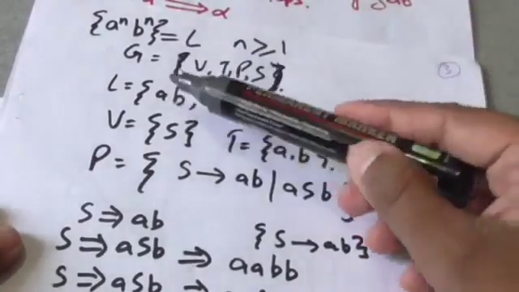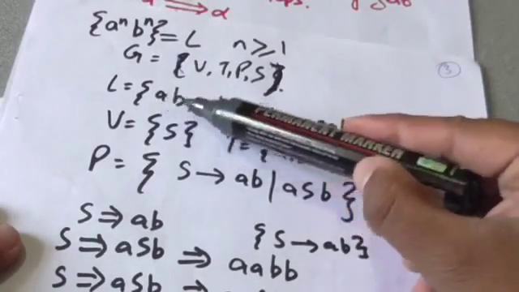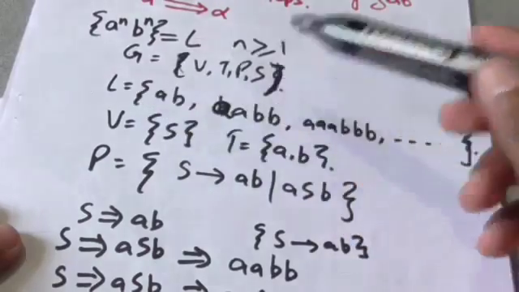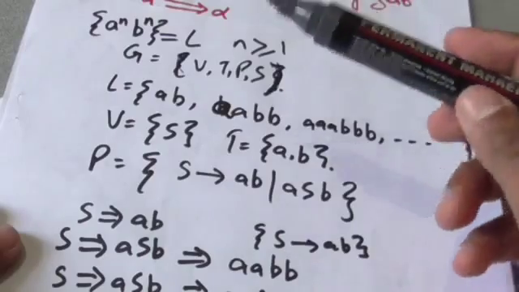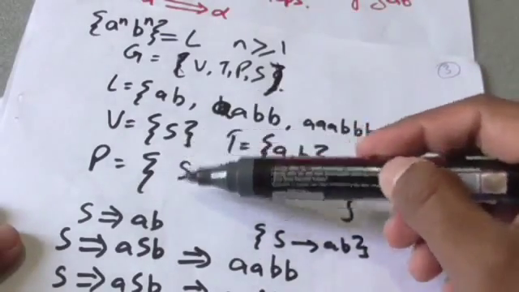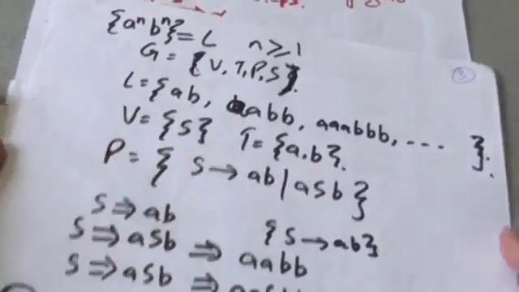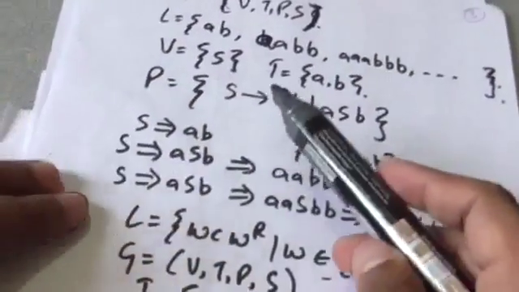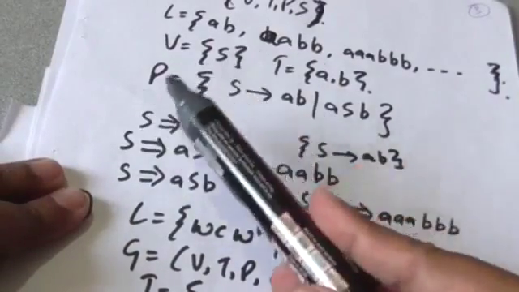Now look at here. This string AB is present in language L, so it should be derived from start symbol S, right? So it is the derivation of a string AB.